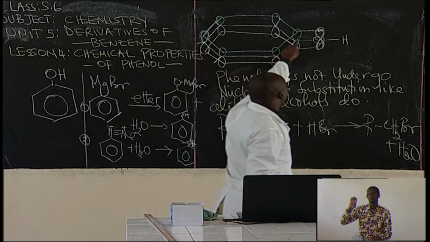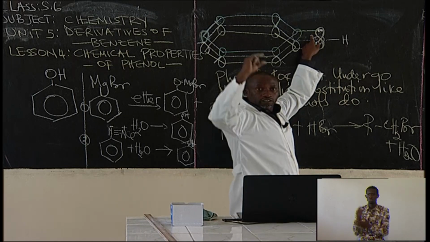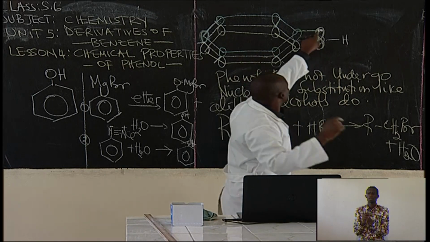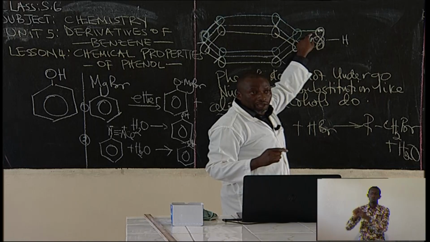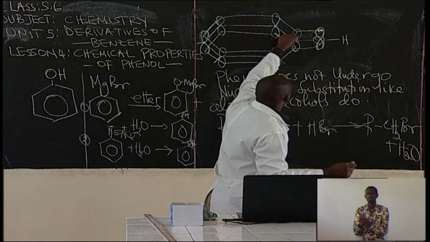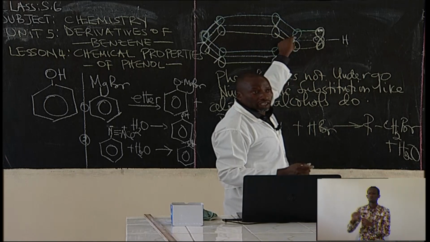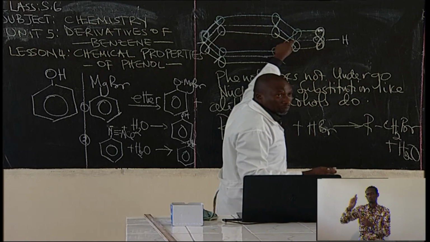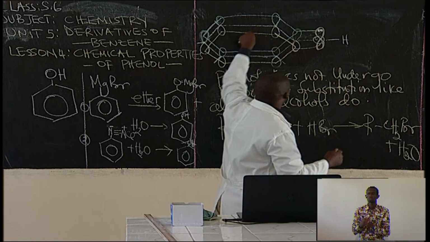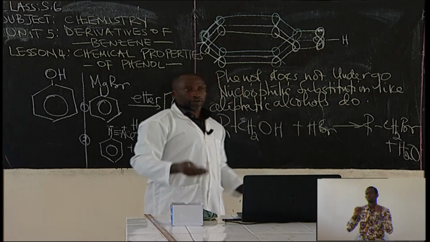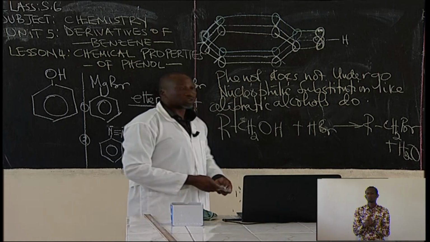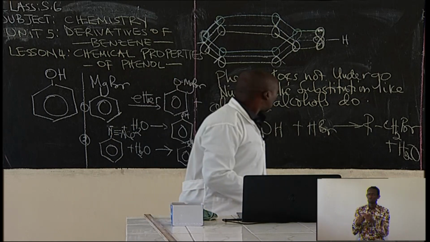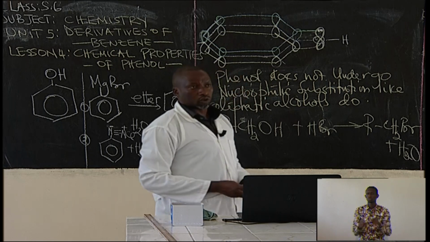Because the bond breaking here, the energy will be very high because of the formation of the pi bond. And two, the positive charge that will be formed on this carbon atom is delocalized within the ring. That is about the structure of the phenol.